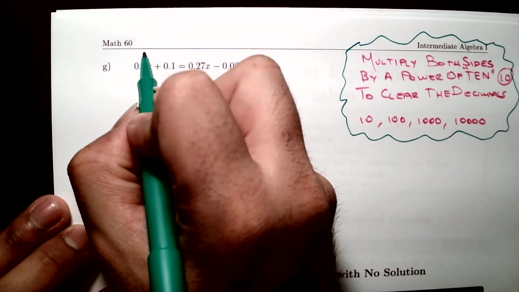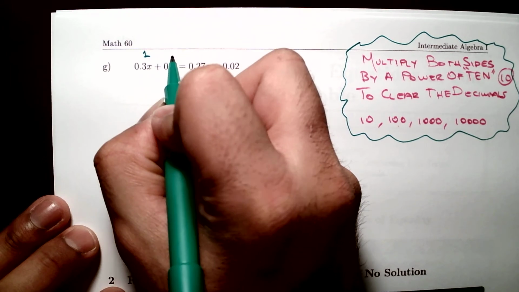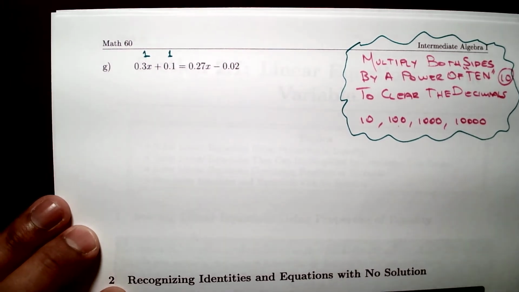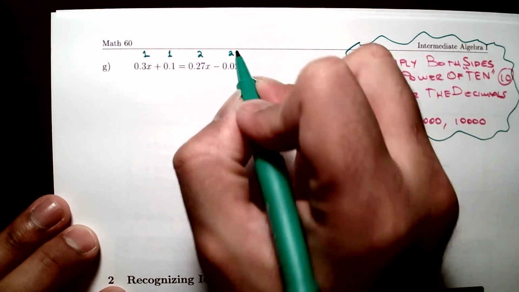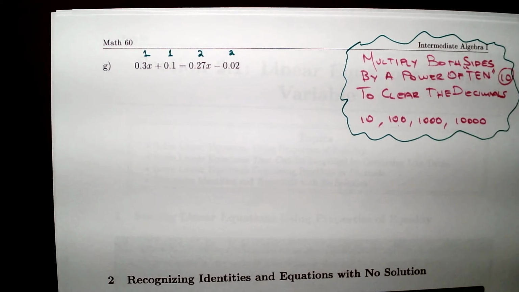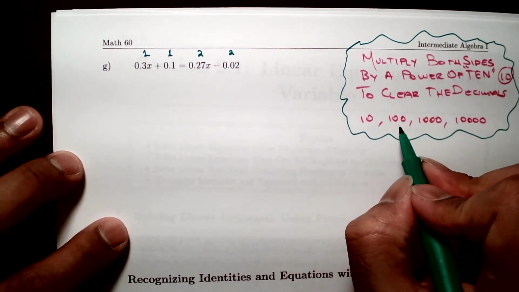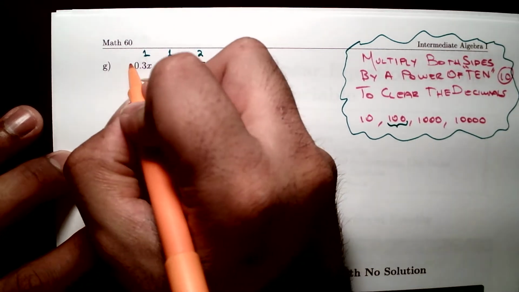That's only one decimal place. 0.1 is only one decimal place, but the numbers on the right hand side both have two decimal places. So in this case, we are going to multiply by a power of 10 that has two zeros. We're going to multiply both sides by 100.